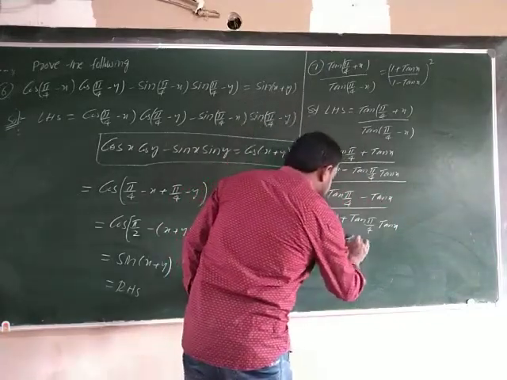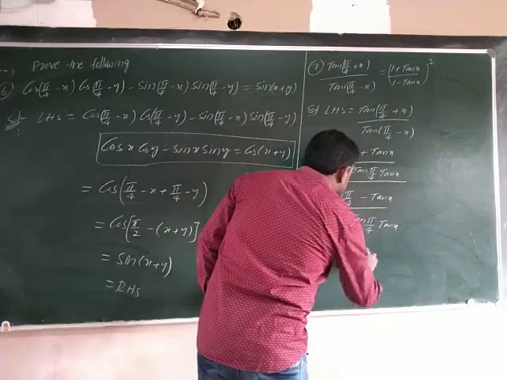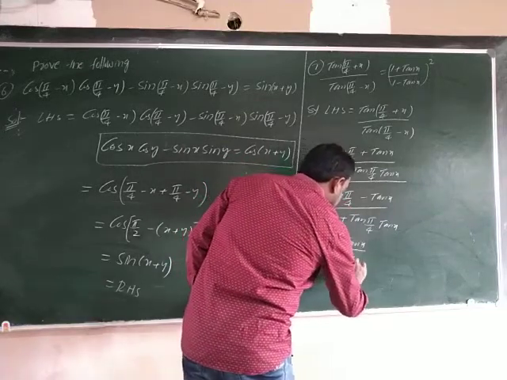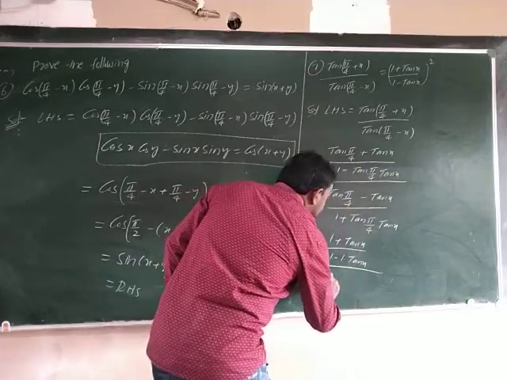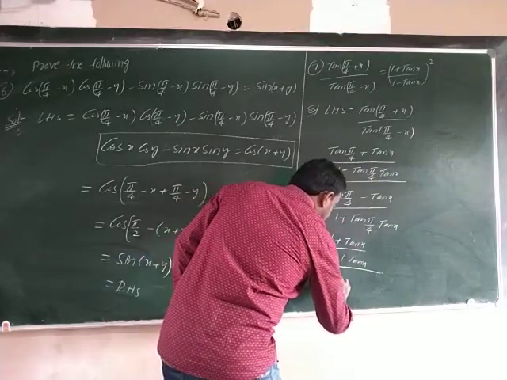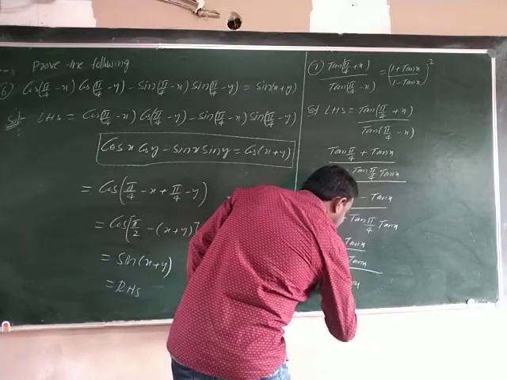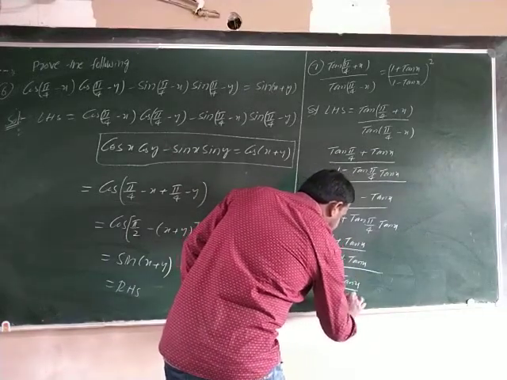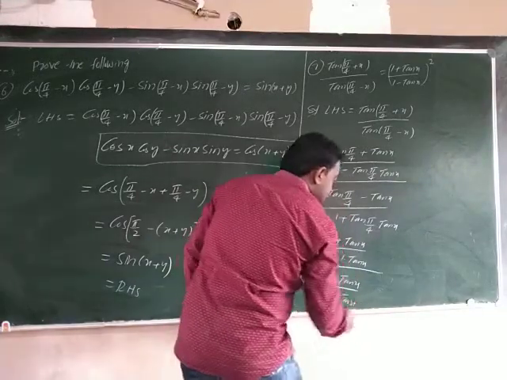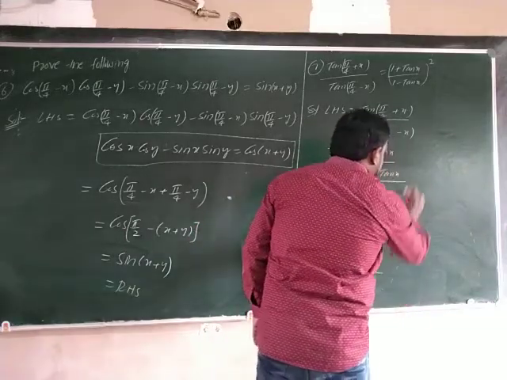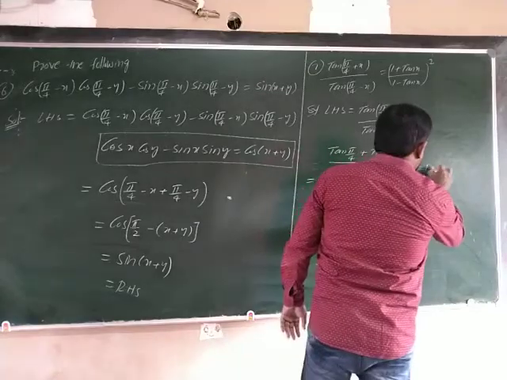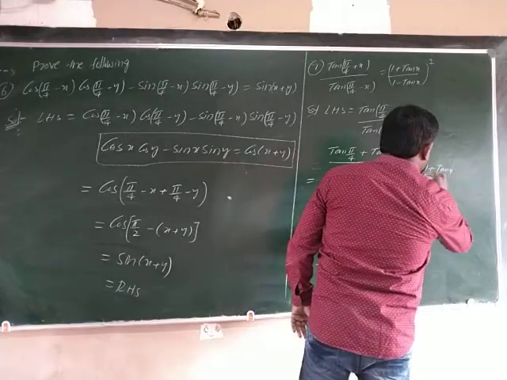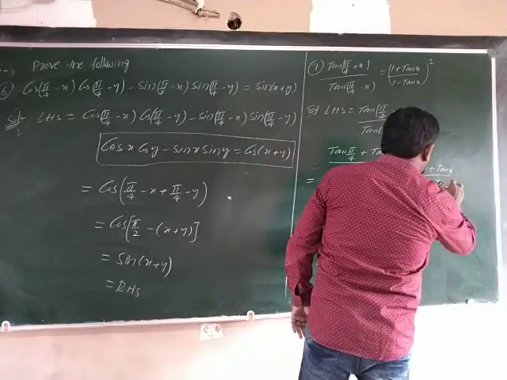So 1 plus tan x by 1 minus 1 into tan x, divided by 1 minus tan x by 1 plus 1 into tan x. So this is equal to 1 plus tan x by 1 minus tan x.